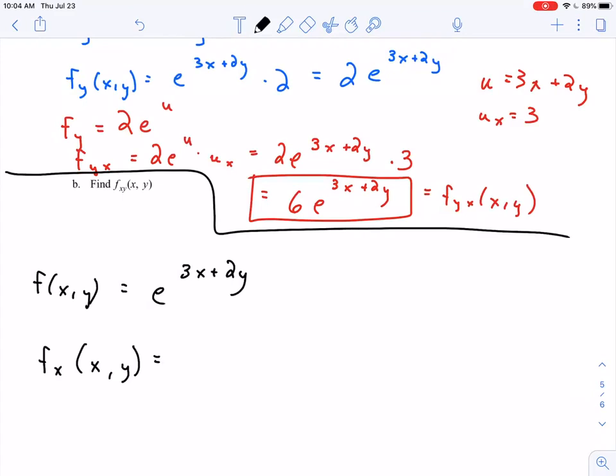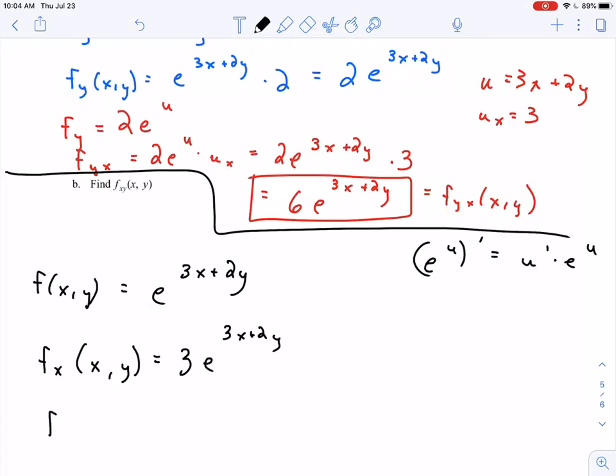So first I would say, okay, multiply by the power, right? I'm looking at this as e to the u. I know that the derivative of e to the u is really u prime times e to the u. If you want to use that shortcut, say the derivative of my power with respect to x, that's going to be 3e to the u, the power stays the same, so 3x plus 2y power.